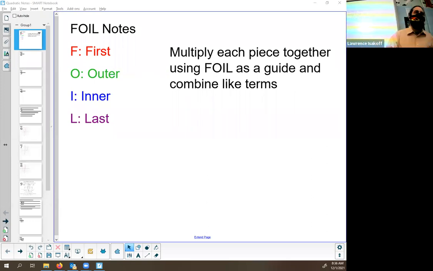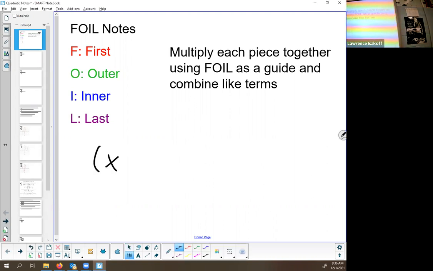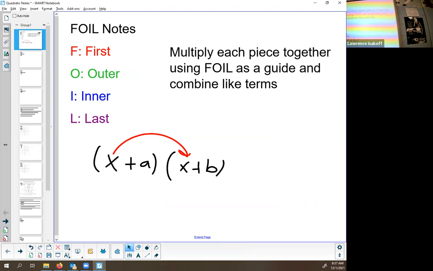So first, outer, inner, last. So what we're going to see is something like x plus a number and x plus another number. When I say first, that becomes the first term in each one. When I say outer, I'm talking about the outer edges. When I talk about inner, that's the inner 2 pieces.